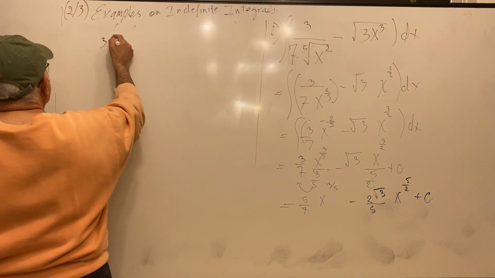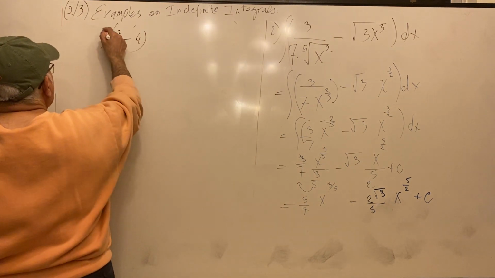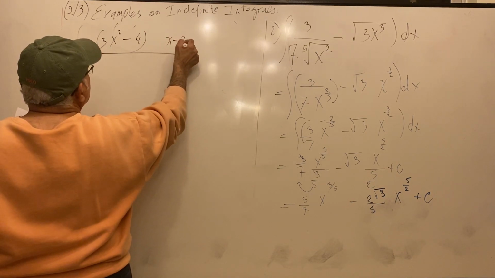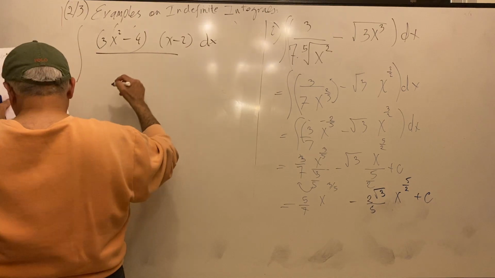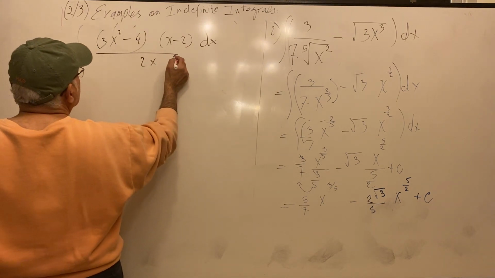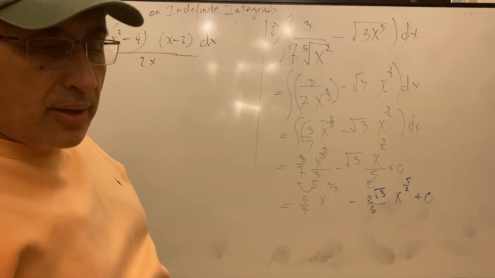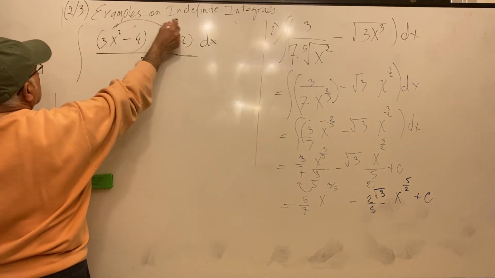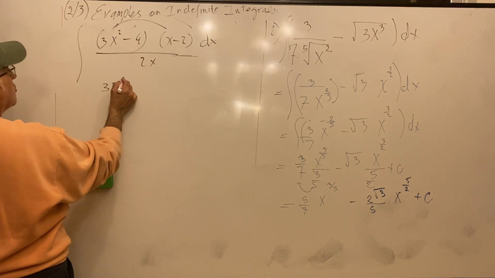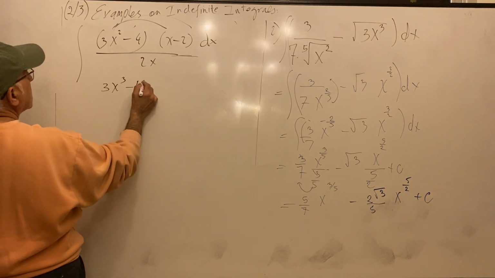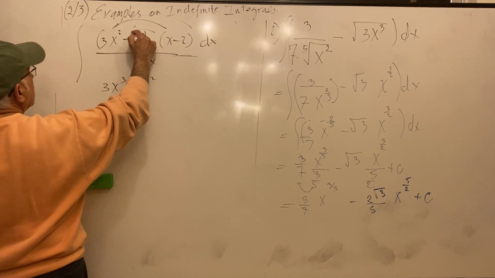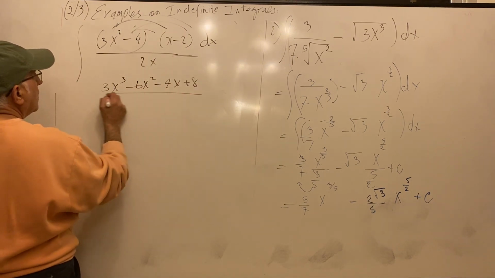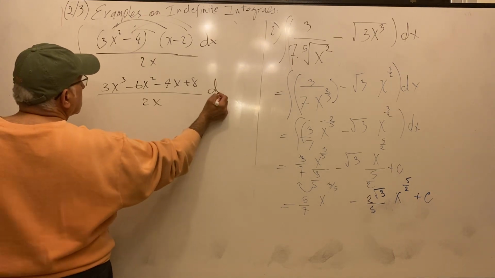3x squared minus 4, when it's multiplied by x minus 2, dx over 2x. Simple algebra. Without simple algebra, sorry. Let's expand the bracket. This time this, this time that. So 3x cubed minus 6x squared, and this time this, this time that, negative 4x and plus 8, over what? 2x dx.